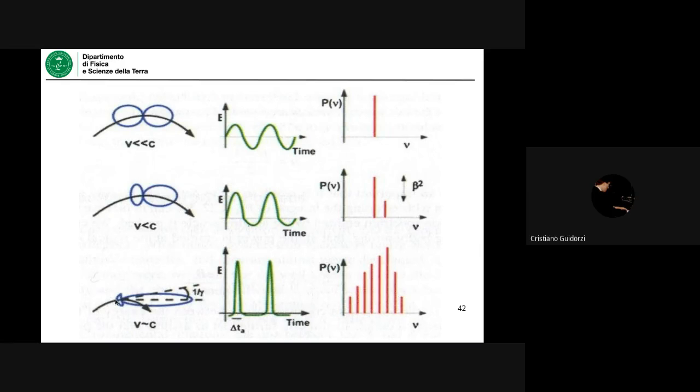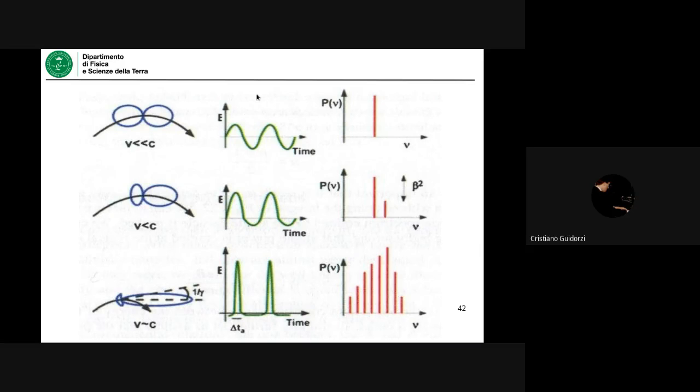And in the ultra-relativistic case, which is the bottom row, the first column shows you the pattern as a function of direction, something which I already commented on: at the top, the non-relativistic case, and here the ultra-relativistic case. The middle case is something in between, of course, as you can imagine.